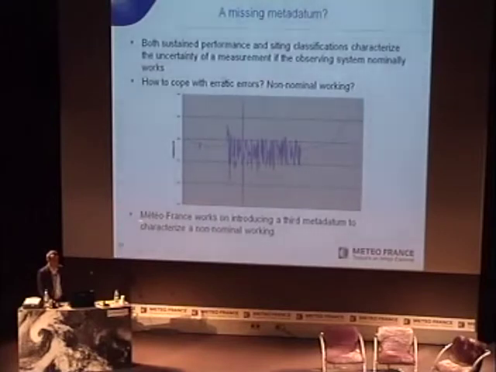But this works only for a well-working, nominally working instrument. And of course, we have failures, and we have some systems that break down. So here is an example that we had a few days ago at a Toulon station, with a sensor going mad and giving really bad information.